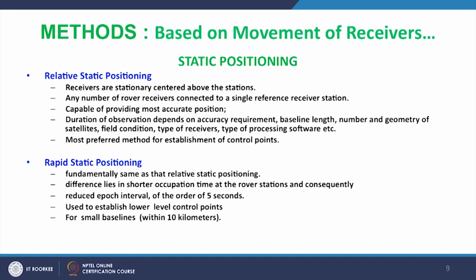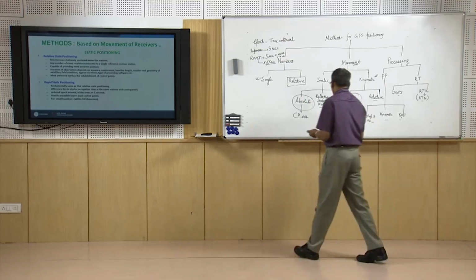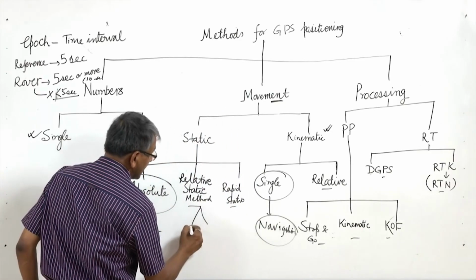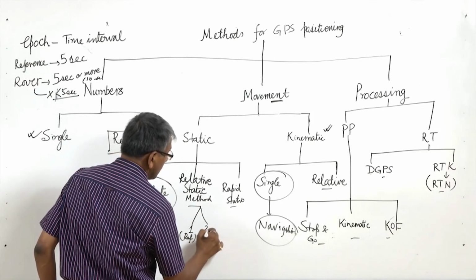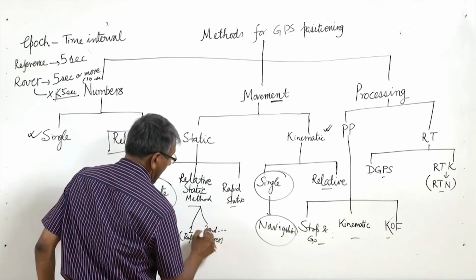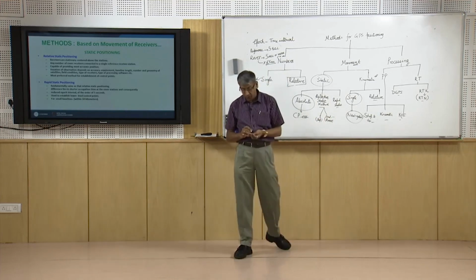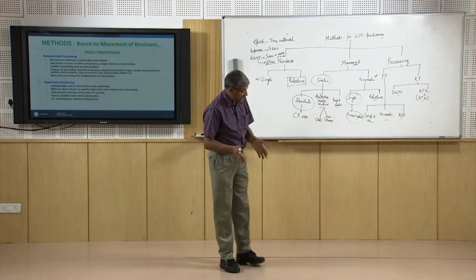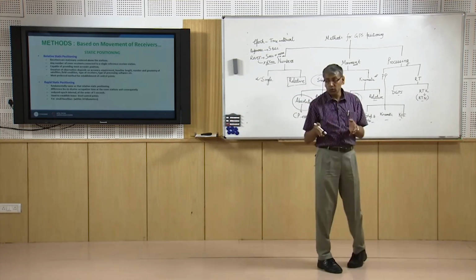Next, relative static positioning, called the relative static method. As I told you, in the relative method there will be two or more receivers; at least one will be the reference, and the second, third, fourth will all be rovers, and because it is static, all these receivers will be in a static condition over the points for which we need to take the position.